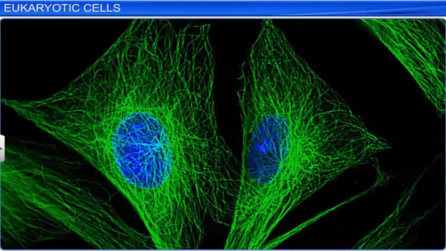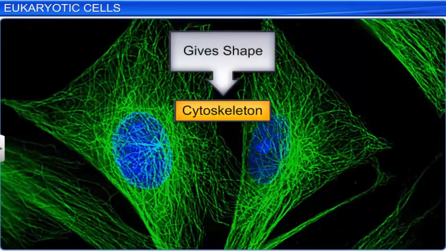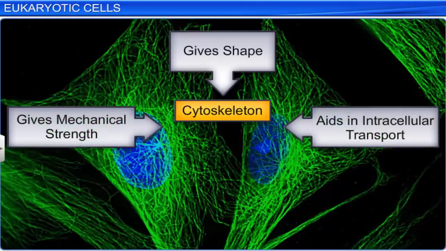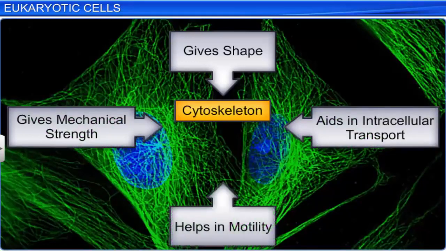Present in the cytoplasm is the cytoskeleton, an elaborate network of filamentous, proteinaceous structures that gives the cell its characteristic shape, aids in intracellular transport, gives mechanical strength to the cell, and also helps in motility in case of motile cells.